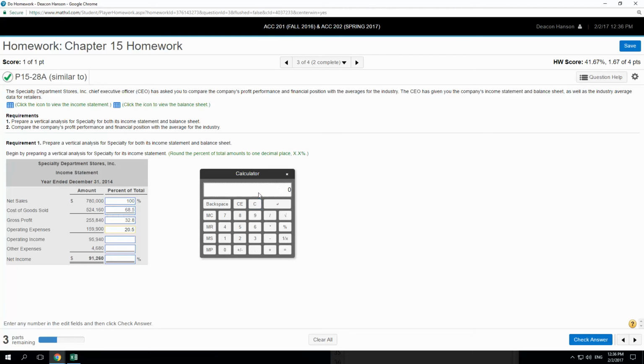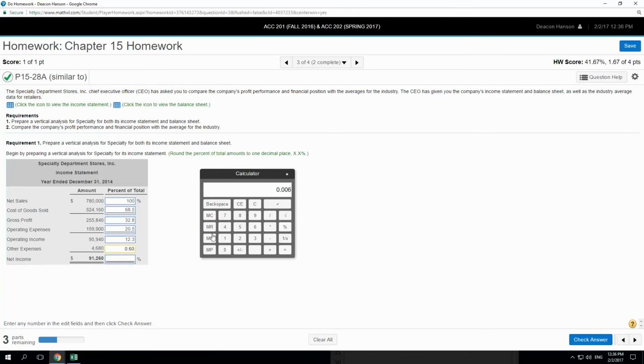I'm going to take operating income of 95,940 and divide by 780,000. And that's 12.3%. I'm going to take other expenses of 4,680 and divide by 780,000. And that's actually going to round to 1%. But in this case, they want it to one decimal, so we can go 0.6%.